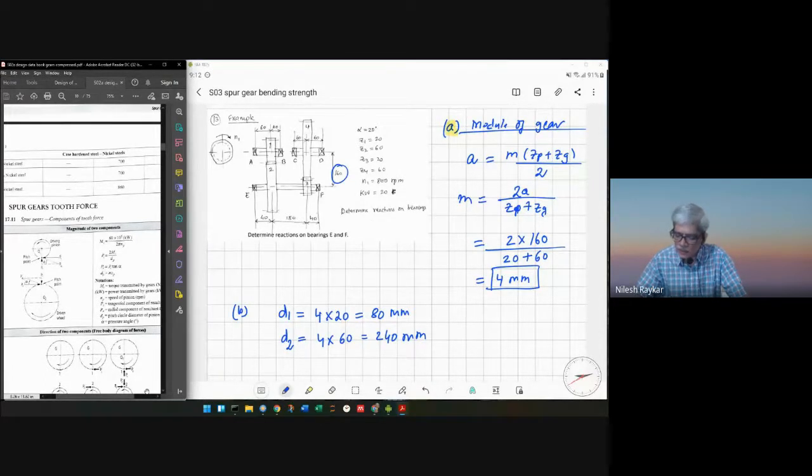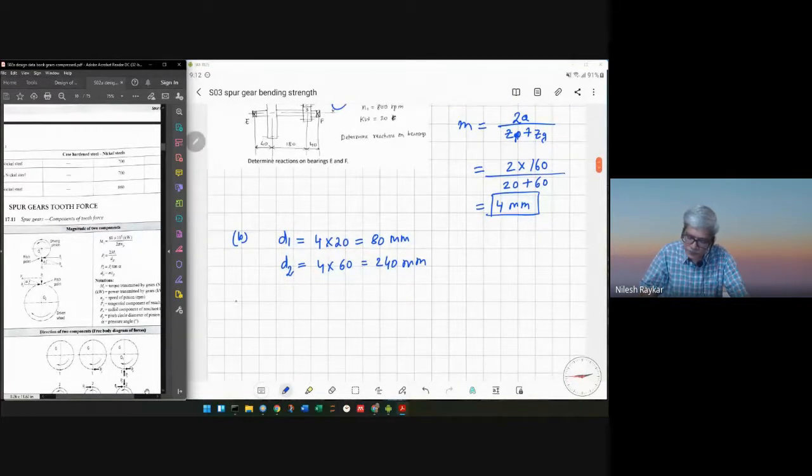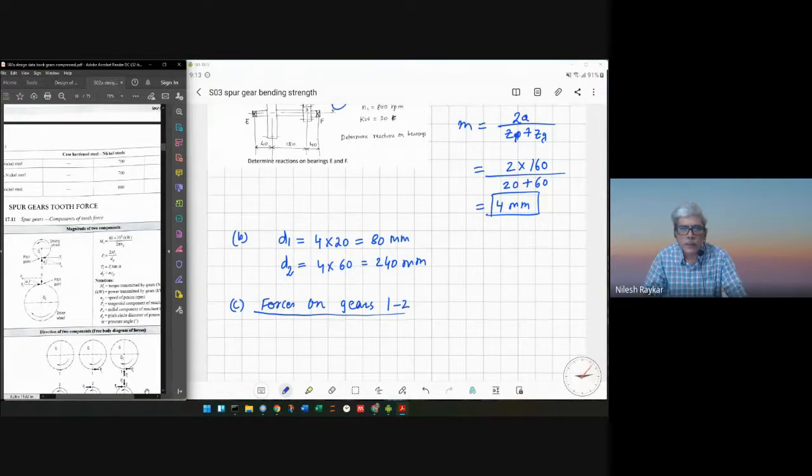So let's do that calculation. So first we have to calculate the forces on gears 1, 2. So magnitude wise, we can calculate the force either on gear 1 or gear 2. Magnitude will be same, only direction will be different. So we require the forces on gear 2.